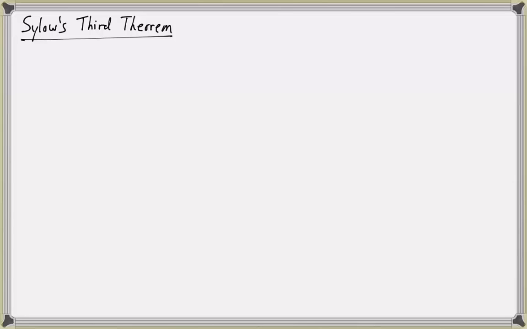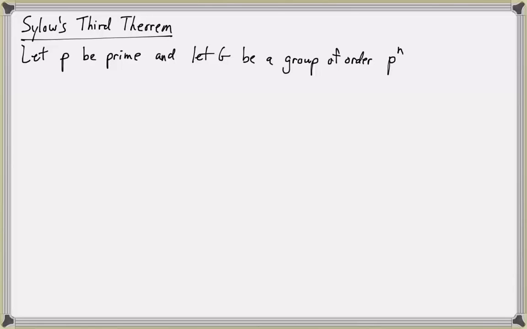Let P be a prime and let G be a group of order P to the n times m, where P does not divide m.